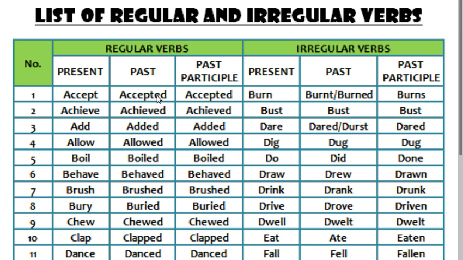So we cannot say, as example, accept to make it in the past tense, so we have to pronounce the e. In another word we do not pronounce the e.